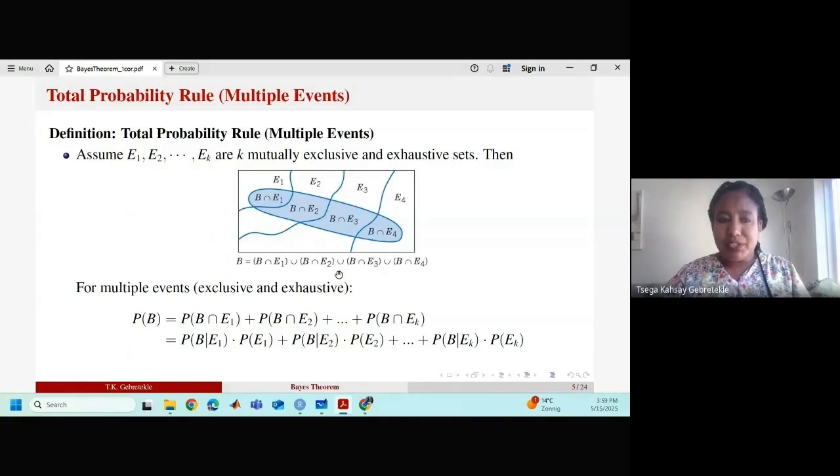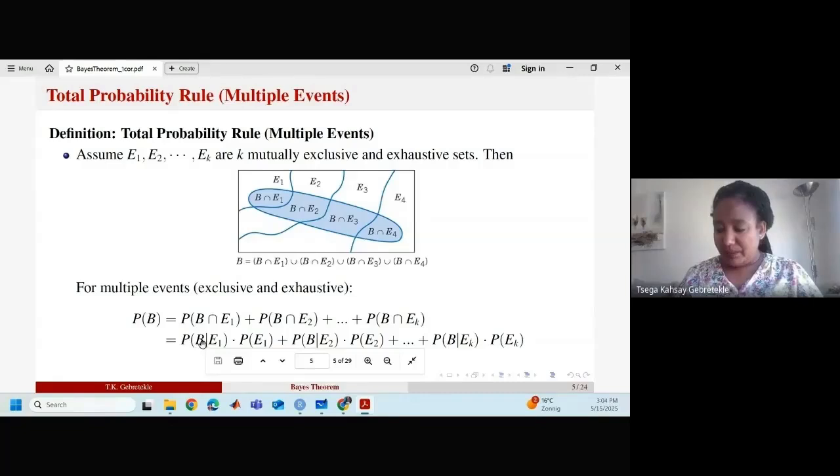From the total probability rule, we can calculate the probability of B as the probability of B given E1 times the probability of E1, plus the probability of B given E2 times the probability of E2, plus up to the probability of B given EK times the probability of EK. Okay, so this will help us to use Bayes theorem.